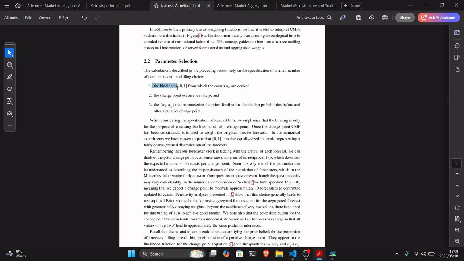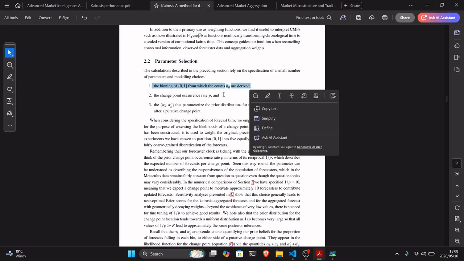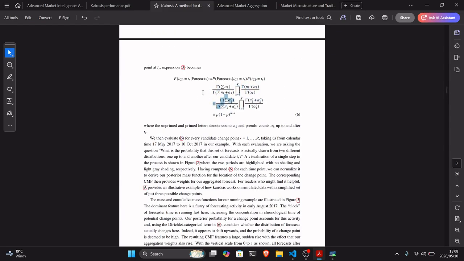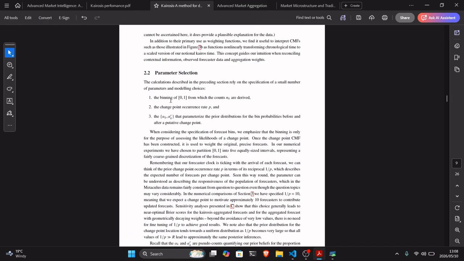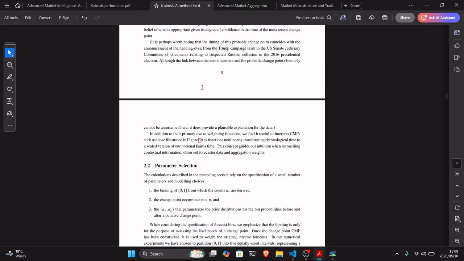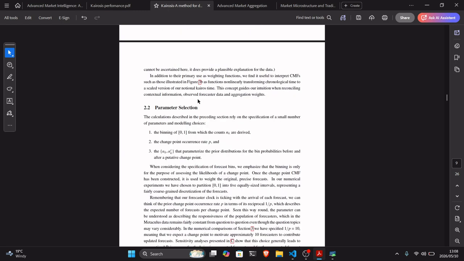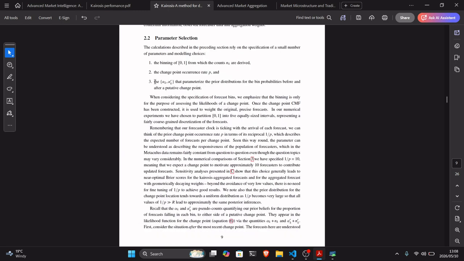We have the binning of 0 up until 1, from which the counts n_k are derived. n_k is one of the parameters in this distribution. You have to choose the change point occurrence rate p. And the parameters alpha_k, p_k parameterize the prior distribution for the bin probabilities before and after a putative change point.